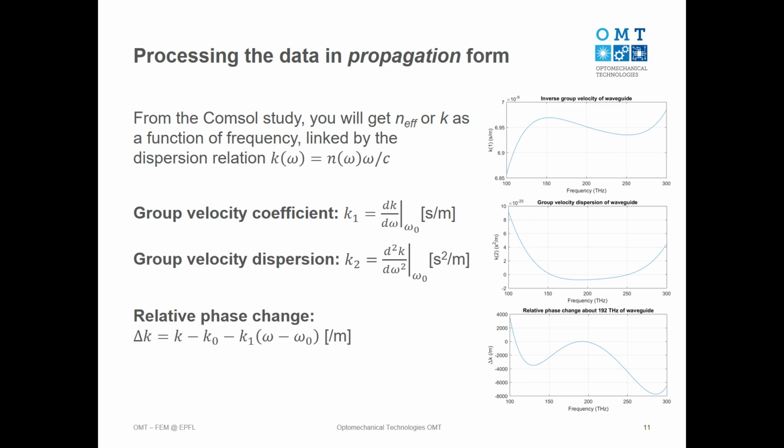You can find it by just taking the derivative of that relation, and then the group velocity dispersion coefficient by taking the derivative again.